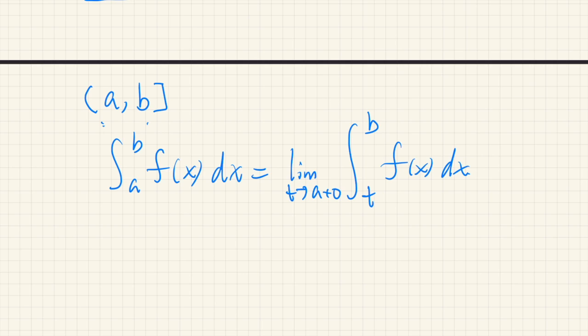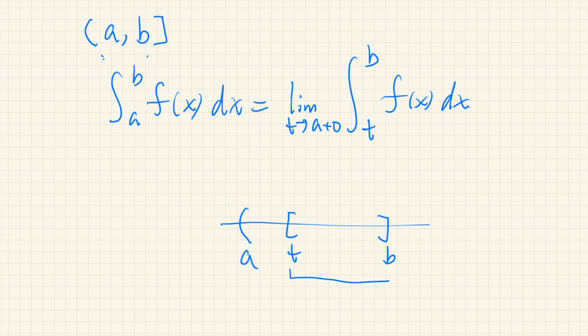So in this case, not including a, but including b, we first take this smaller closed interval from t to b, and then move this t to a from the right. So this is a right limit. So if this limit exists, this converges, then it's defined to be this improper integral from a to b.